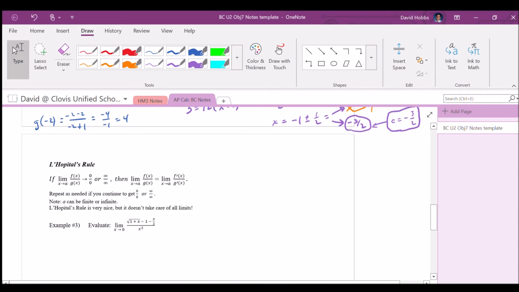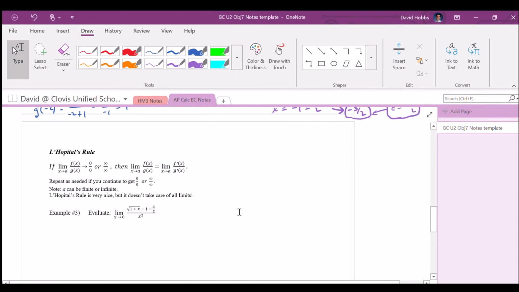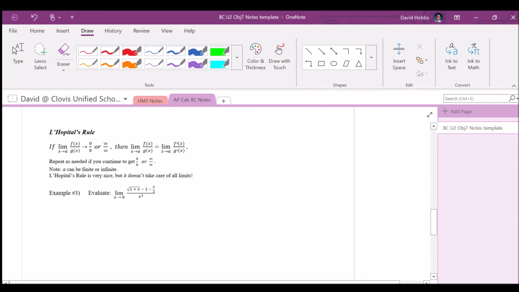Okay, and finally, L'Hopital's rule. Now there's a whole lot written about it, but we're going to try to keep it fairly simple here. L'Hopital's rule is incredibly helpful for us, and yes, it does look a bit like hospital. In fact, he was a French guy whose family had a lot of money, and he enjoyed mathematics, so he helped sponsor some mathematicians.